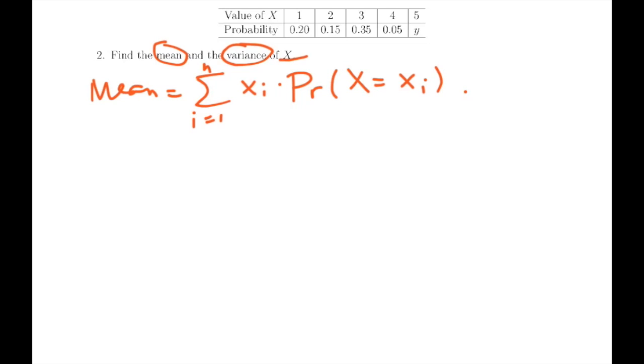All right, so let's plug numbers into this formula. When x_i is equal to 1, its probability is equal to 0.2. So here 1 is our small x_1, and this number 0.2 is the corresponding probability.